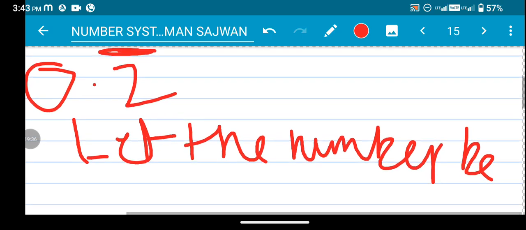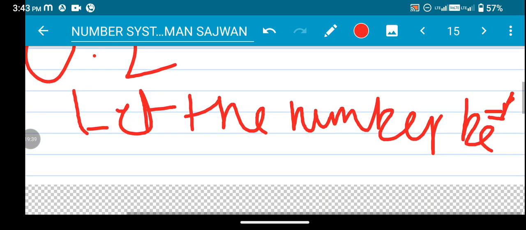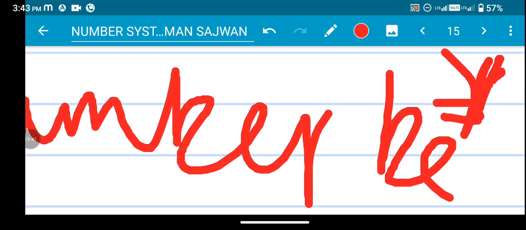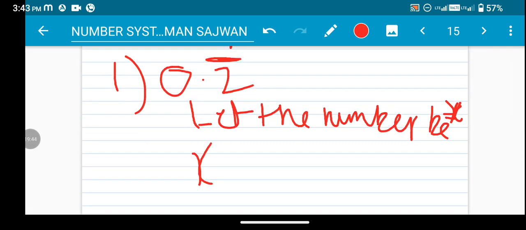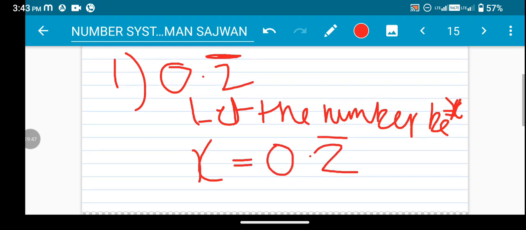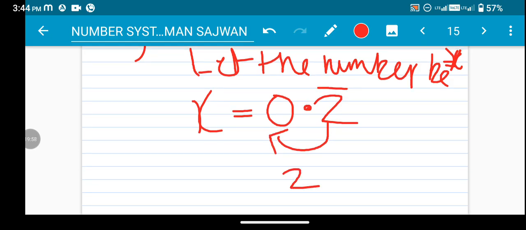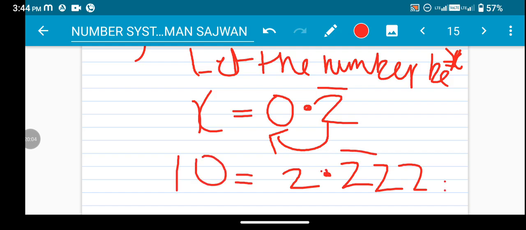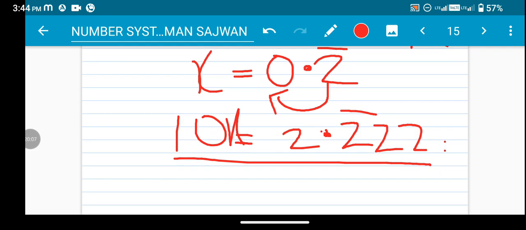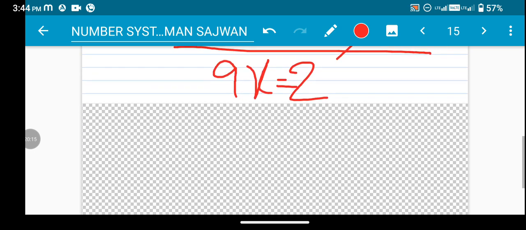So x equals 0.2 bar, and the bar is only on the 2, so it is 0.222 and so on, and 10x will be 2.22 and so on. You just have to subtract. 2 will be left, and 10x minus x will be 9x. Here x will be equal to 2 upon 9.